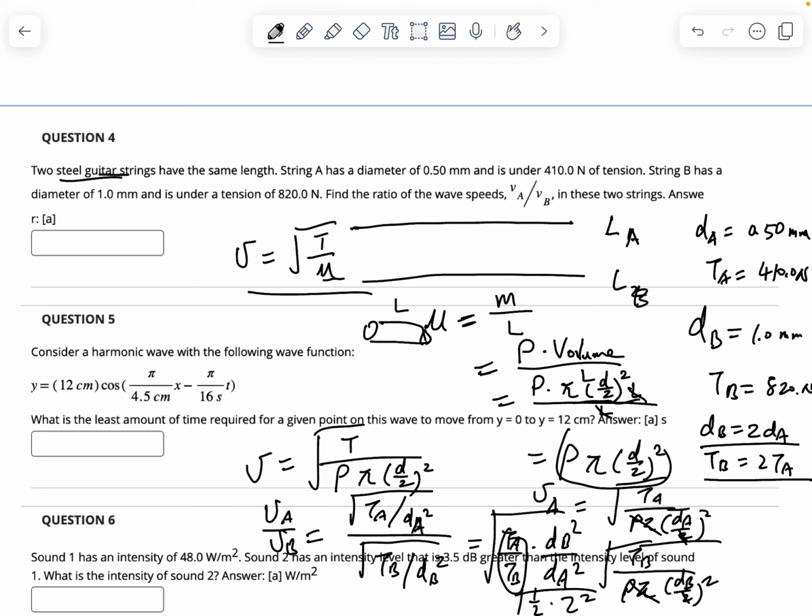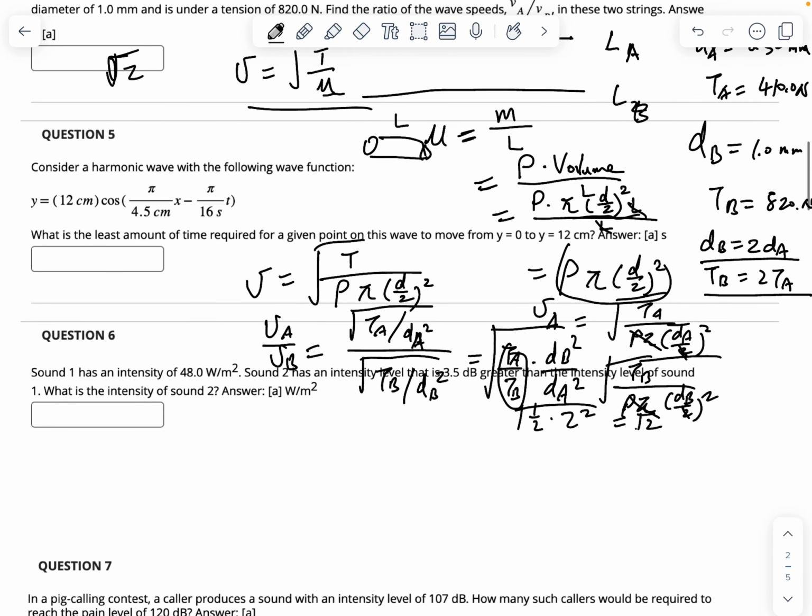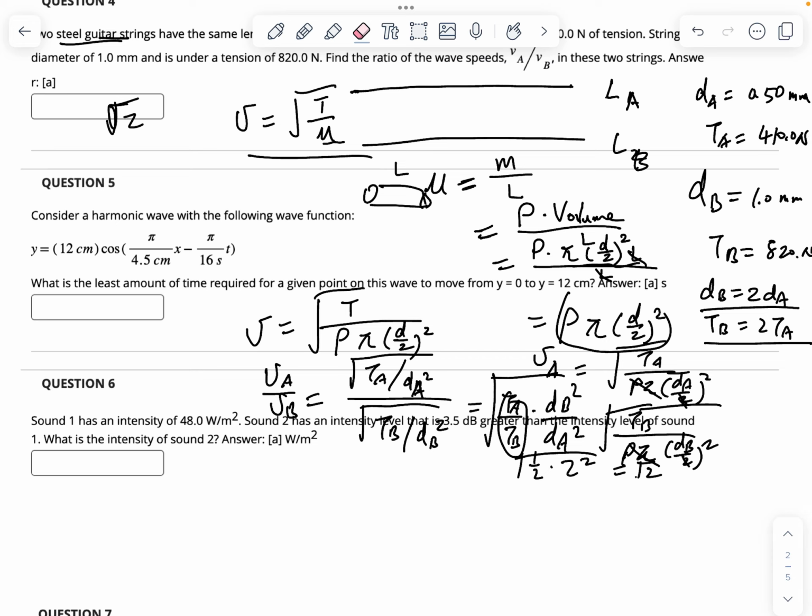So you see, half times 4 is 2, square root of 2. So the answer should be square root of 2. All right, so that is your 4. Okay, keep going.